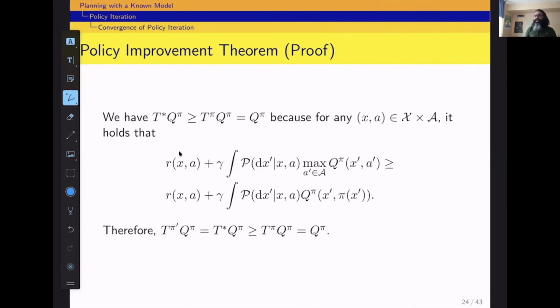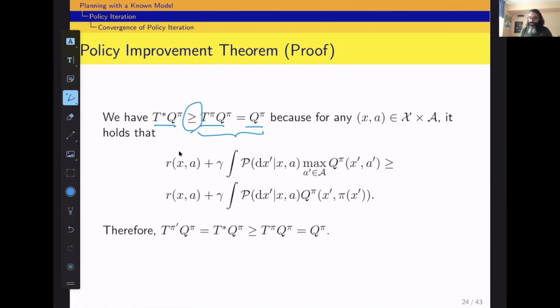Okay, let's see how we can prove it. First of all, the claim is that T star of Q pi is greater or equal to T pi Q pi, which is equal to Q pi. This step is because of the Bellman equation. And this is the claim that we make here.